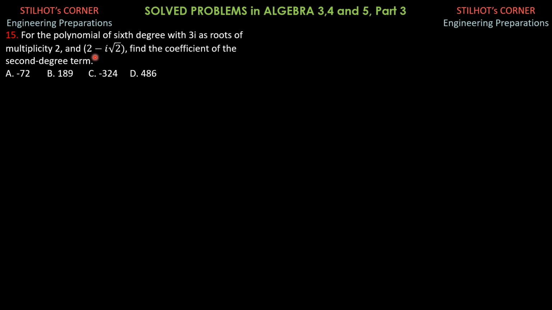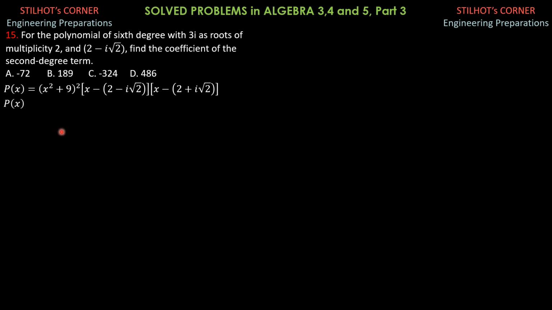And this one, x minus (2 minus i square root of 2), and x minus (2 plus i square root of 2). So P of x is (x squared plus 9) squared, times (x minus (2 minus i square root of 2)) times (x minus (2 plus i square root of 2)).